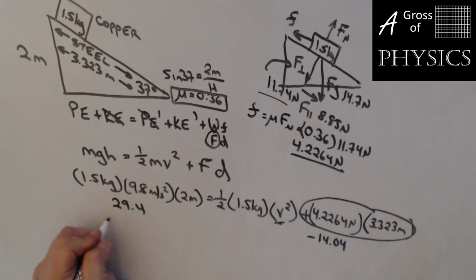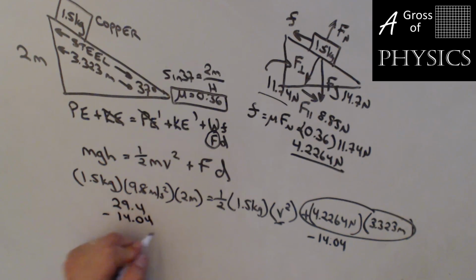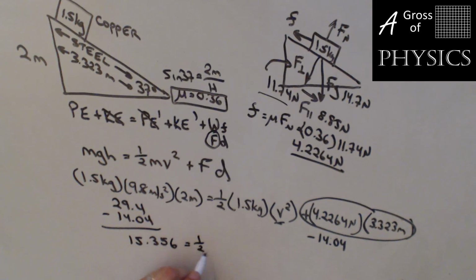So 29.4 minus the second answer, I get 15.356, equals 1/2 1.5 V squared. So now it's a matter of dividing by 1/2, dividing by 1.5, and then taking the square root. And you get 4.525 meters per second.